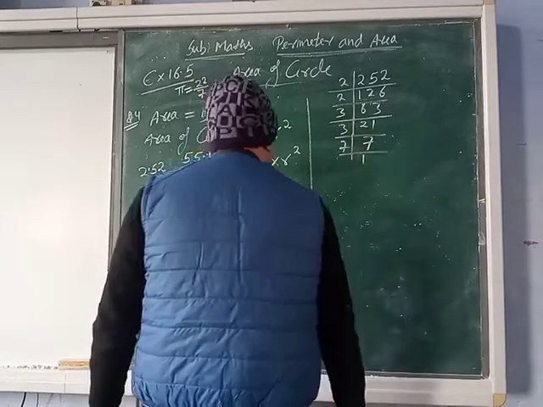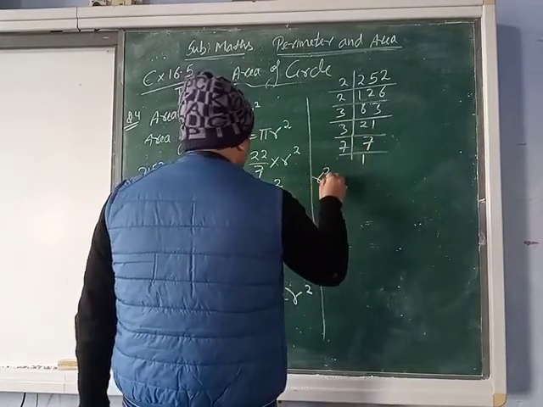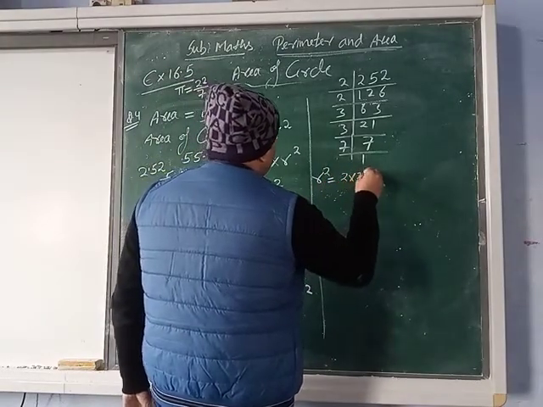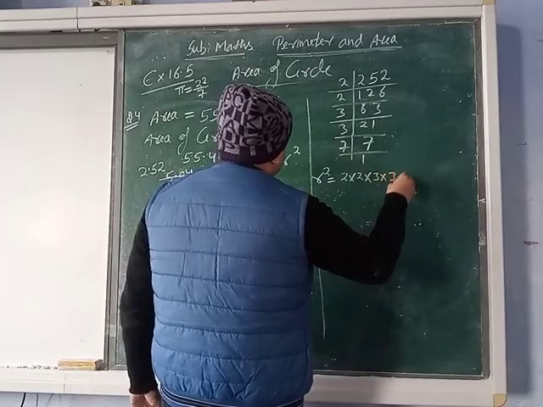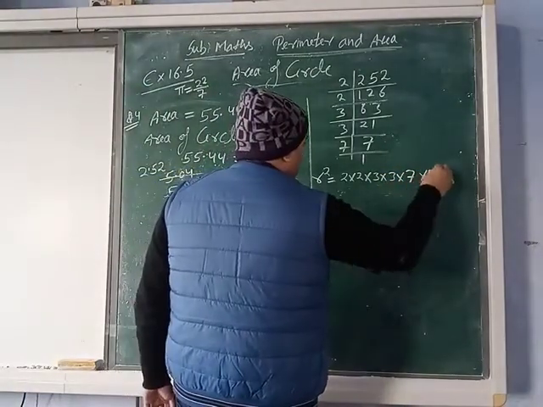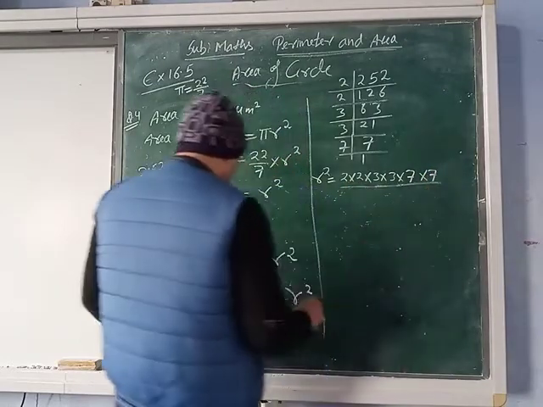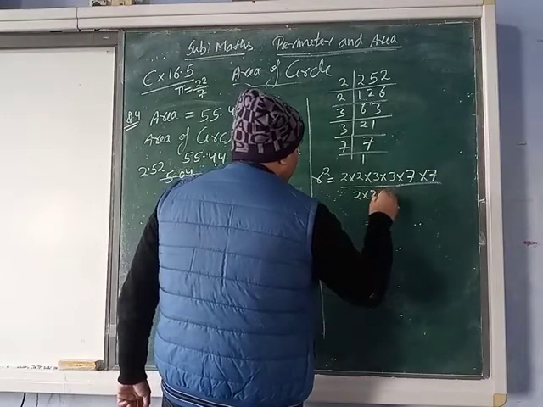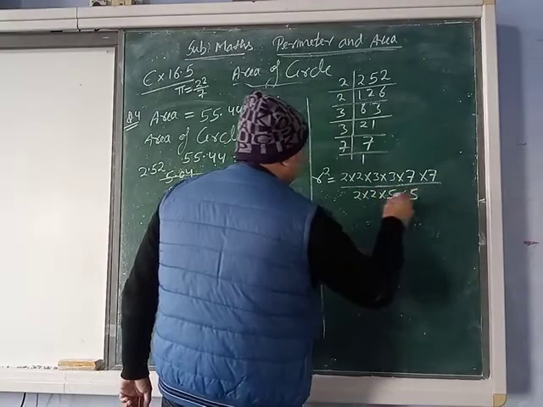So r square is equal to 2 multiplied by 2 multiplied by 3 multiplied by 3 multiplied by 7, and multiplied by 7 upon 100. You can write 100 as 2 into 2 into 5 into 5.